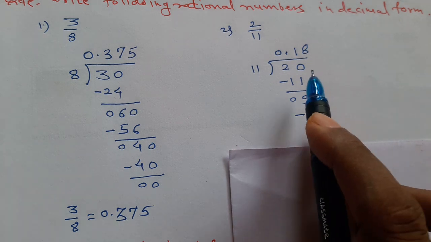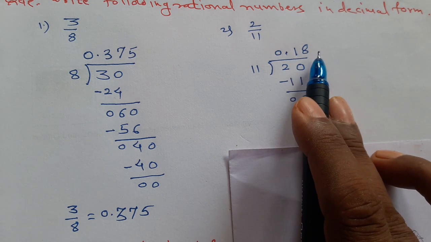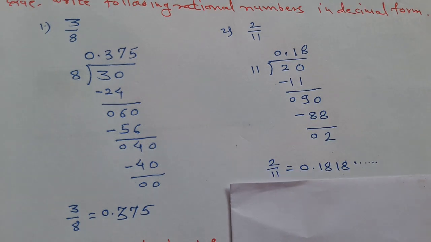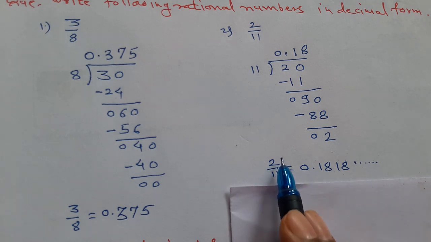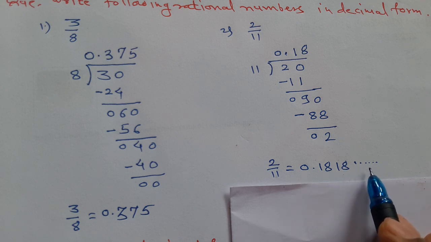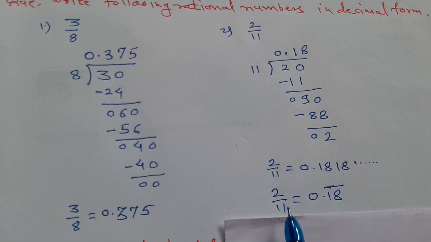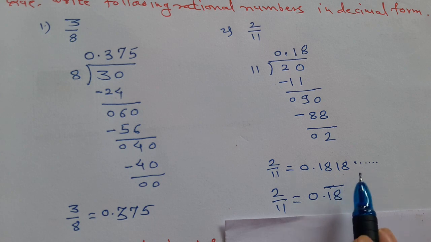Then suppose we take another 0, then that will be 20. Similarly, 18, 18 and so on. And its quotient, 2 upon 11, will be equal to 0.18, 18, 18 and so on. Such a type of quotient will be here, or we can write it in another form: 2 upon 11 will be equal to 0.1818.